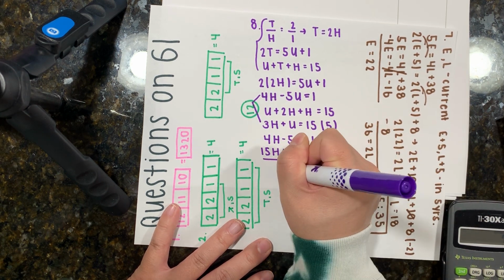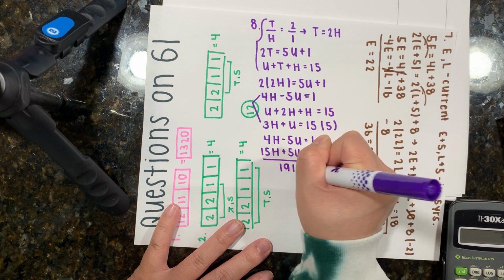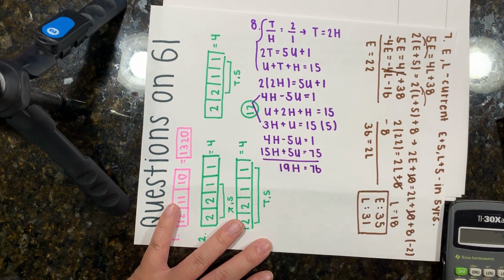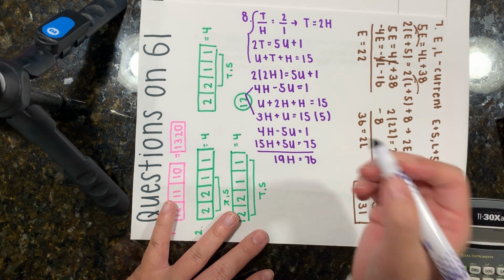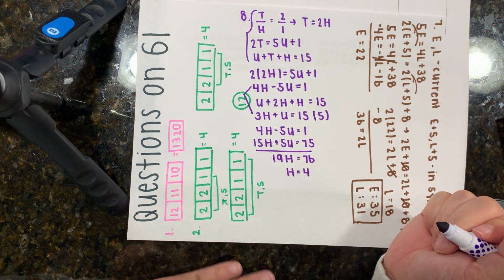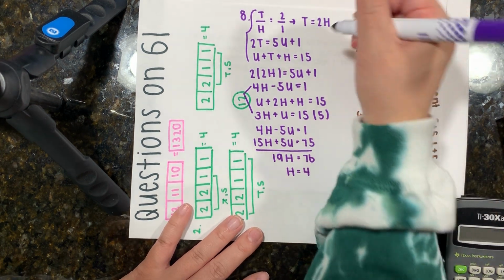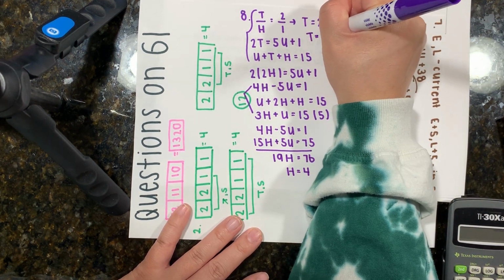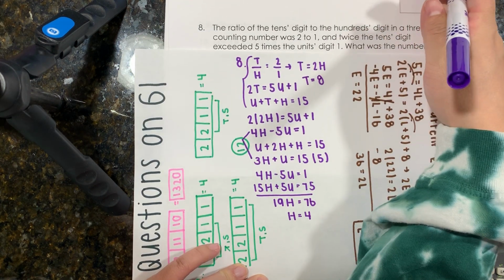When I add them together, I get 19h is equal to 76. And 76 divided by 19 is going to give me 4. So h is equal to 4. If h is equal to 4, then t is going to be equal to 8.